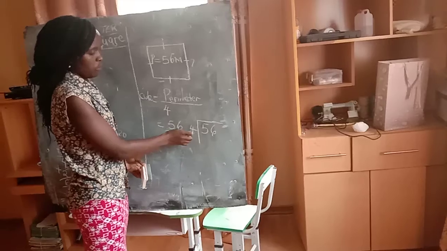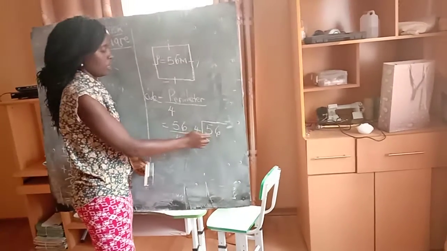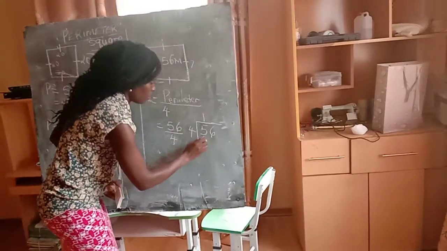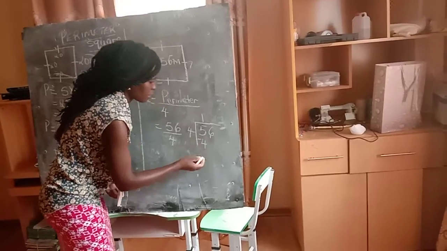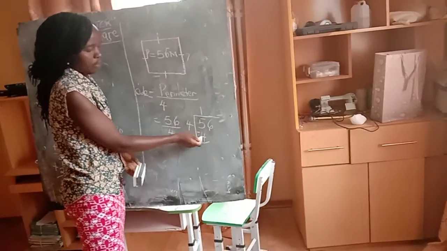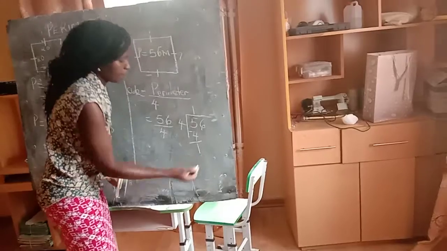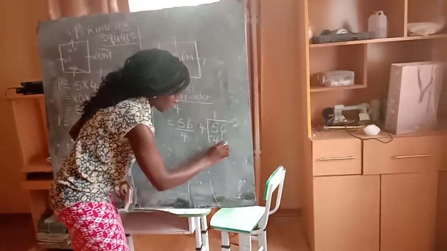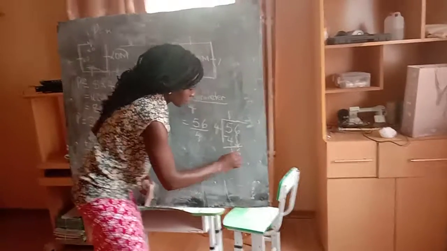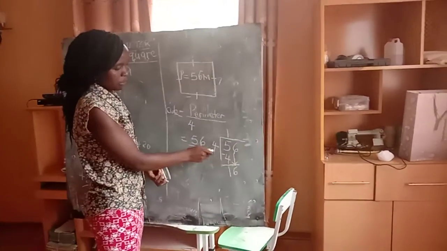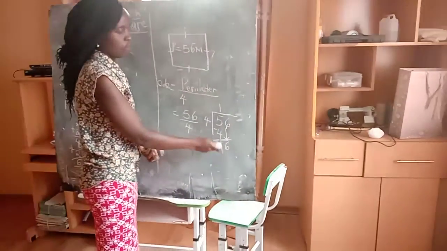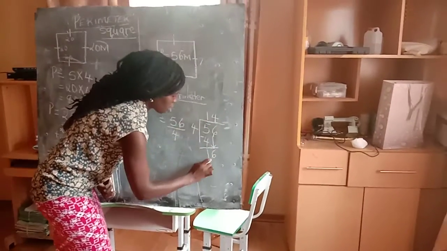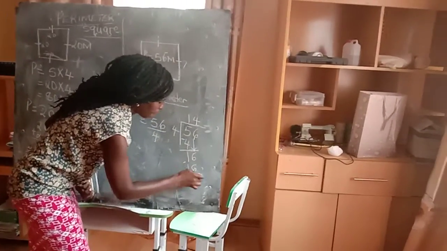How many times would 4 go into 5? It will go once because of 4. I subtract. 5 take away 4 is 1. After you have subtracted, you drop the 6 down. So how many times will 4 go into 16? 4 will go 4 times because of 16.